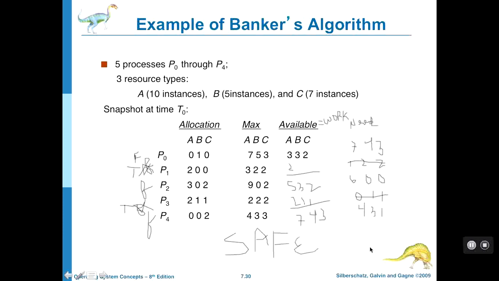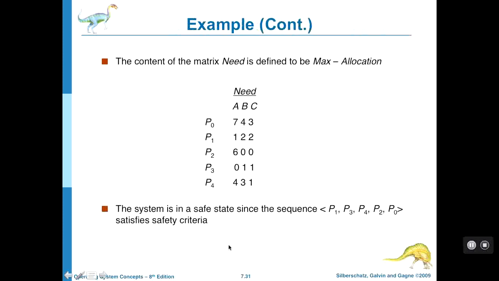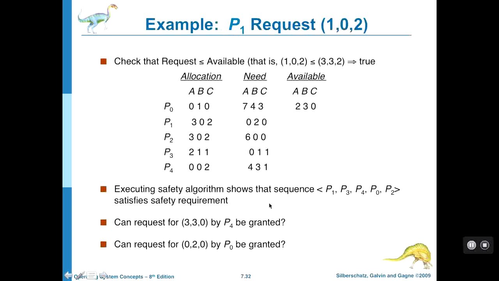Okay? And we will notice that the system is in a safe state, and the sequence we could have used, or did use, we started with P1, we did P3, then you could do P4, P2, and P0, and it does in fact satisfy the safety criteria.